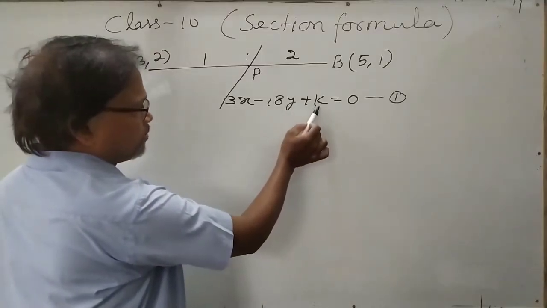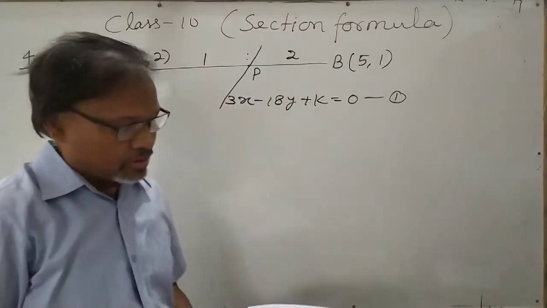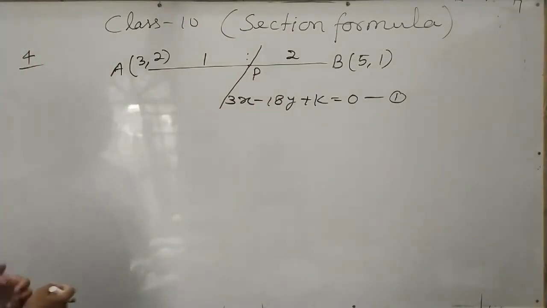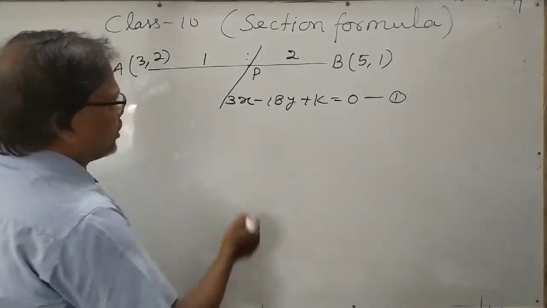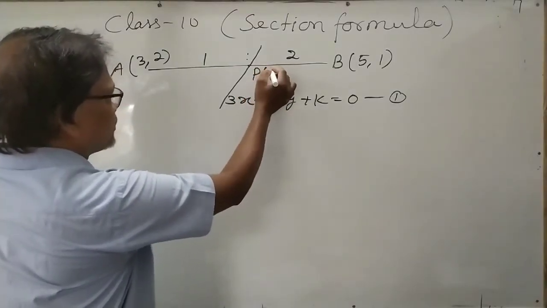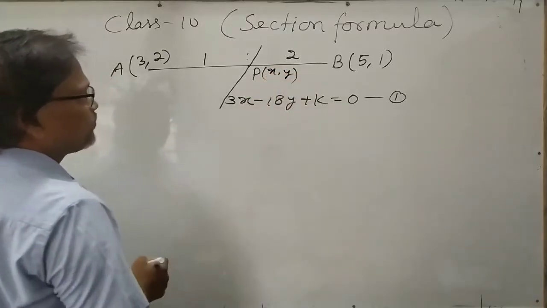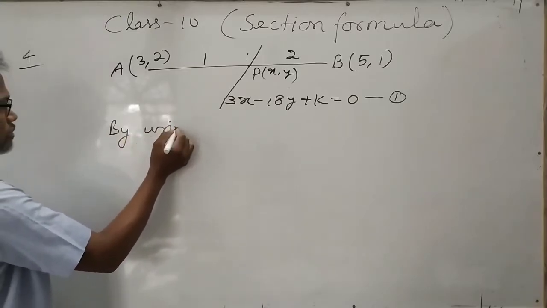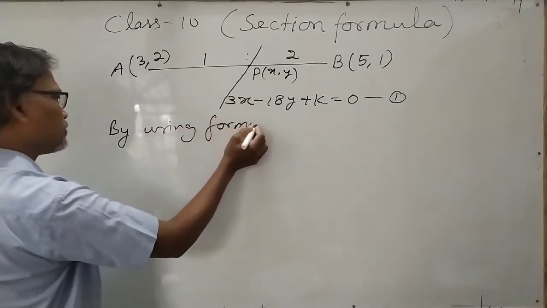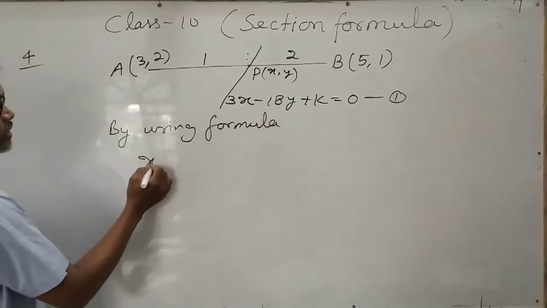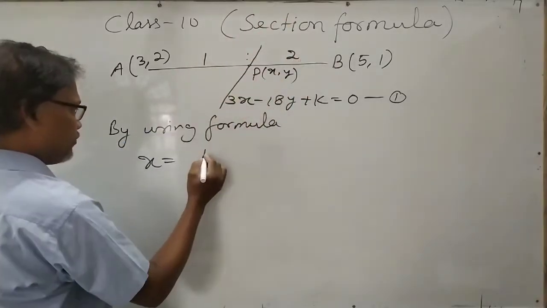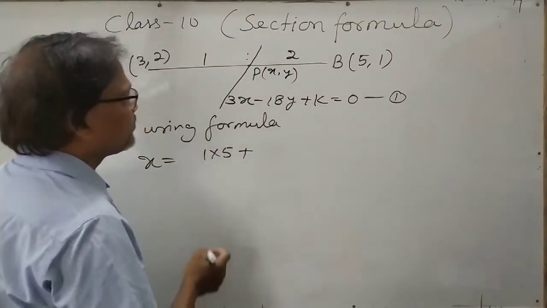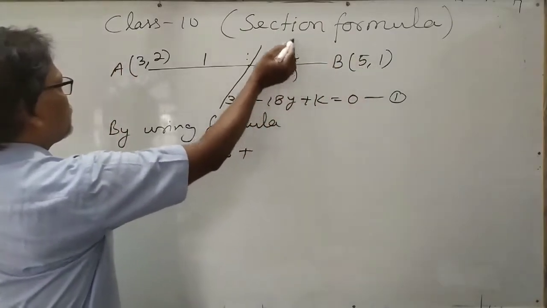You have to find the value of k. How to find the value of k? First of all, find the coordinates of this point. Suppose this is (x, y), and by using the section formula, x is equal to 1 into 5 plus 2 into 3 divided by 1 plus 2, which is 11 by 3. How to use the section formula I have told in the first video.